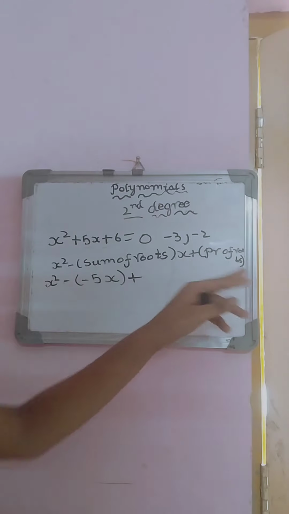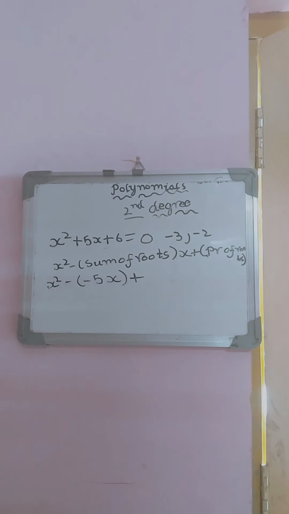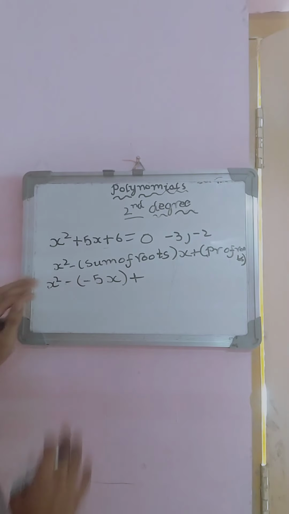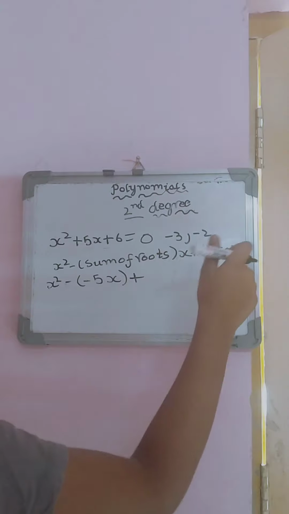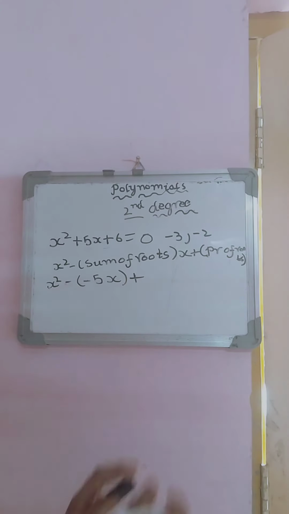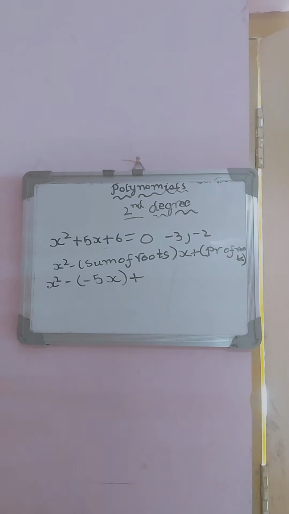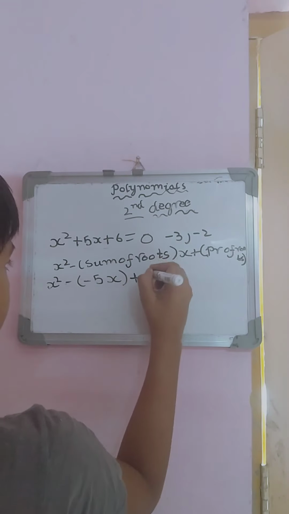Plus the product of roots: -3 into -2 is nothing but 6.